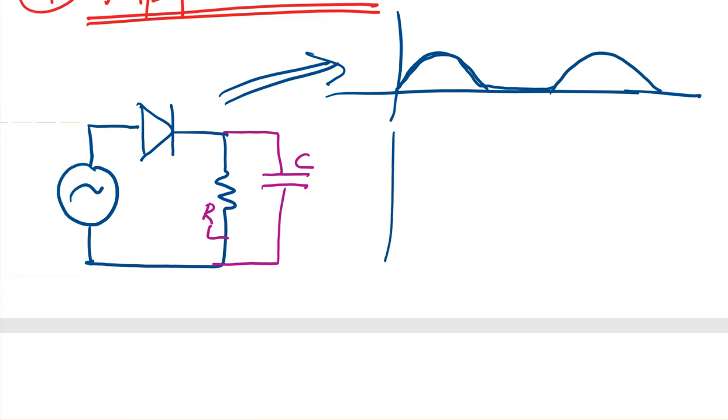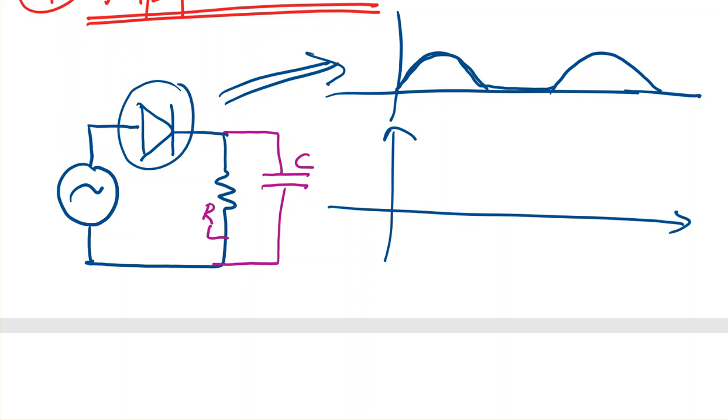The minute I have the voltage greater than the threshold for the positive half cycle, I will have the diode as a short circuit, and therefore the voltage here starts building up. So my capacitor will start charging.